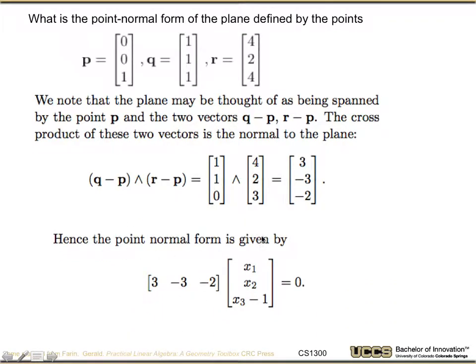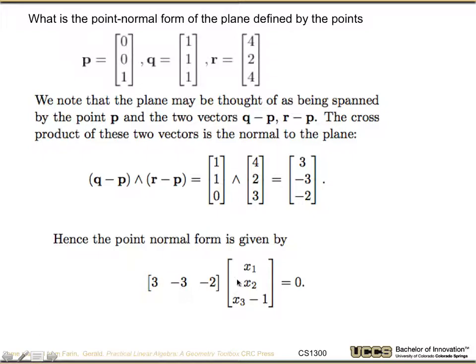Hence the point normal form of our equation is given by (3, -3, 2) dotted with, which is just a matrix product, the transpose here, (x1, x2, x3 minus 1). This last is actually x minus p, but p is just (0, 0, 1), so we just end up with the last item down here.